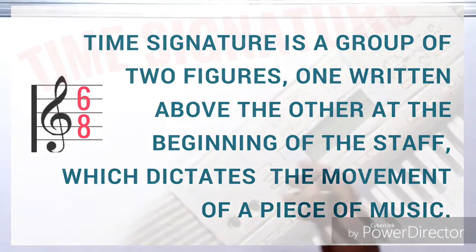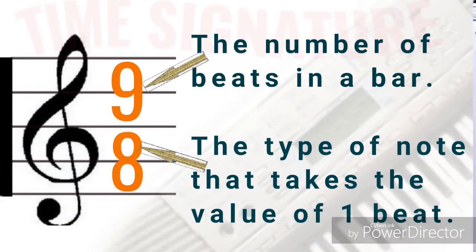The figure at the top refers to the number of beats you have in a bar, while the lower figure refers to the type of note that takes the value of one beat.